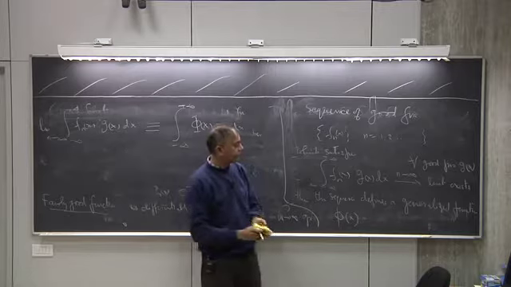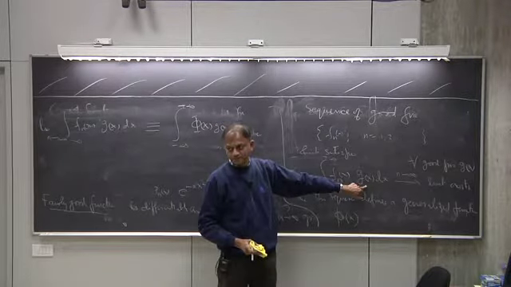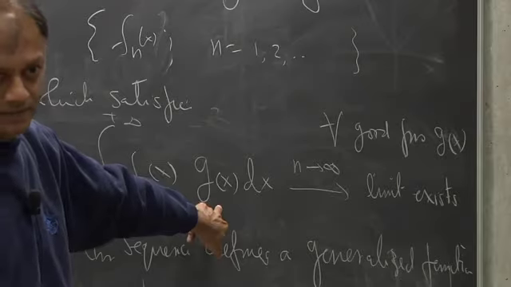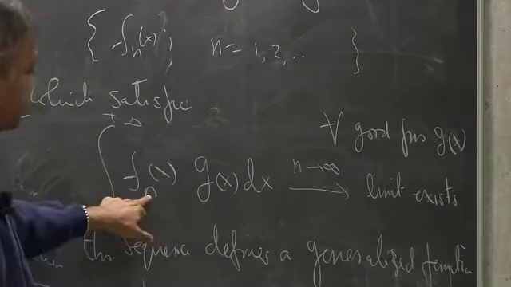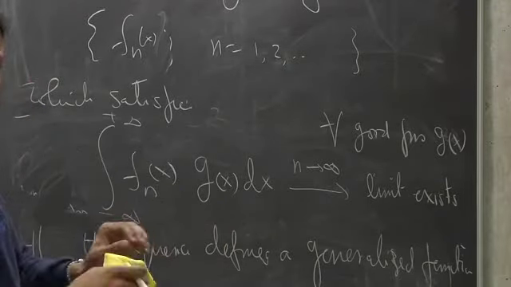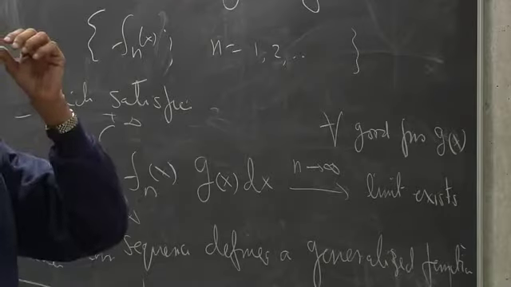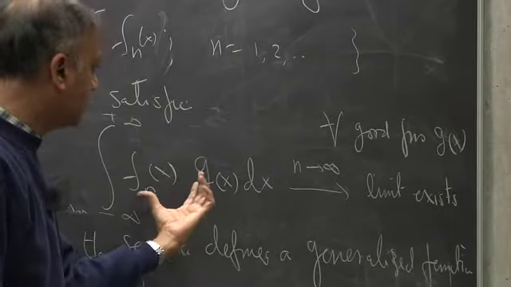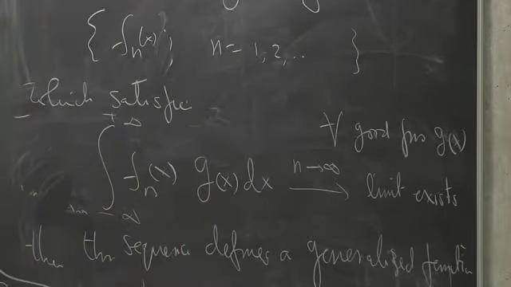That number will of course be different for different g in general. And when it converges to some value, then that value is defined as the result of the integral of the generalized function with g. So that's the definition of generalized function.